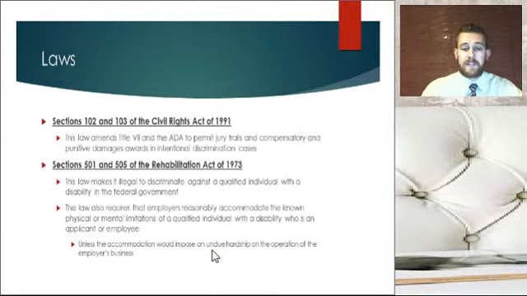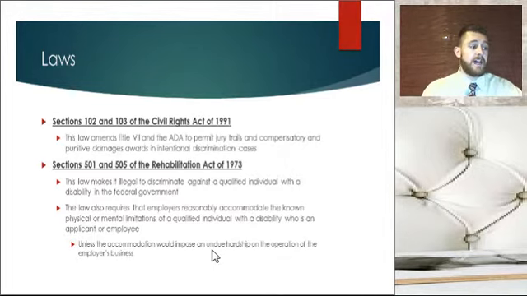Next, we'll go on to sections 501 and 505 of the Rehabilitation Act of 1973. This law makes it illegal to discriminate against a qualified individual with a disability in the federal government. As we mentioned earlier, the previous law was for employers, but now this is specifically regarding the federal government and positions there.